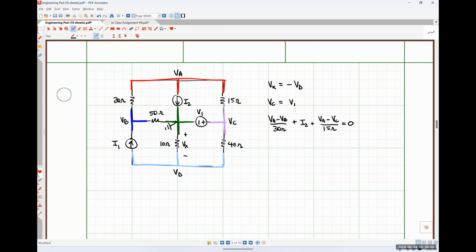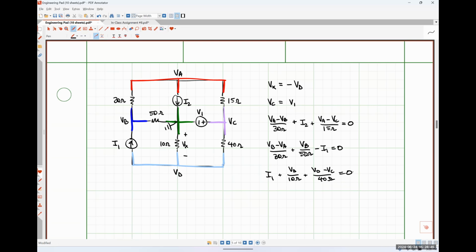At node B, I'm going to have VB minus VA over 30 ohms plus VB over 50 ohms minus I1 is equal to 0. And then lastly, at node D, I would have I1 plus VD over 10 plus VD minus VC over 40 is equal to 0. And then I would solve that system for Vx.